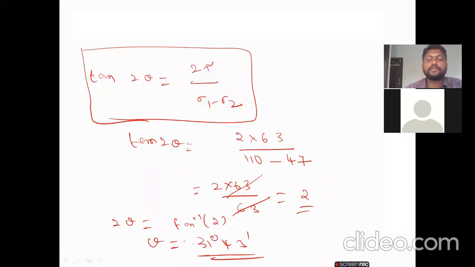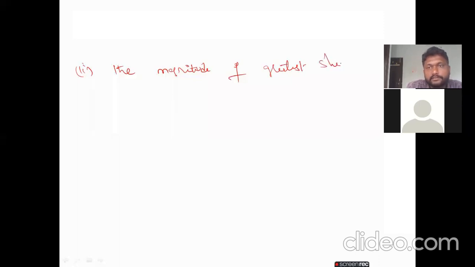So this is the most important thing while calculating: whatever they are asking, the magnitude and the direction, we have to calculate the magnitude of each principal stress. The next step, they are asking the magnitude of the greatest shear stress. The second one, the magnitude of greatest shear stress.